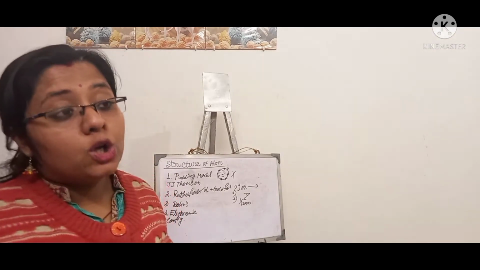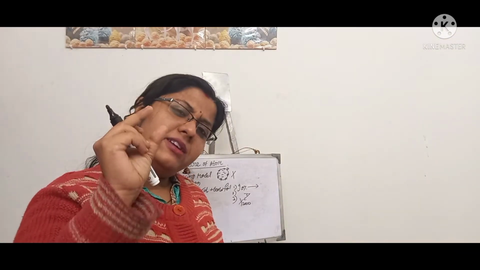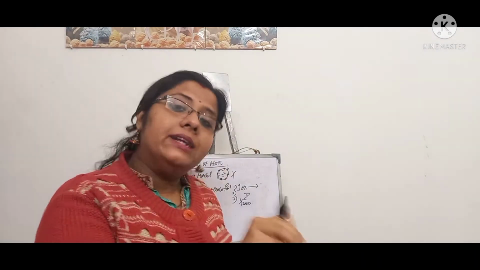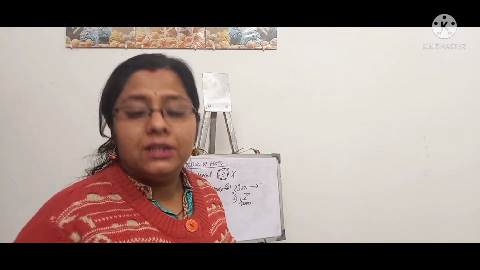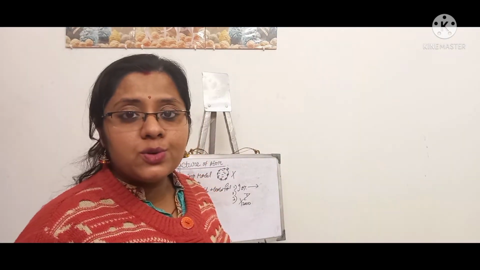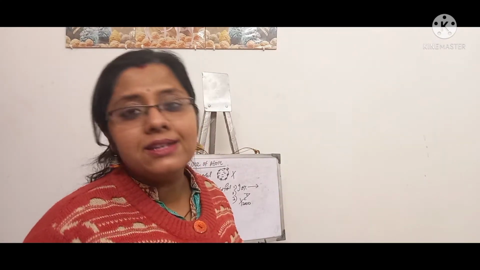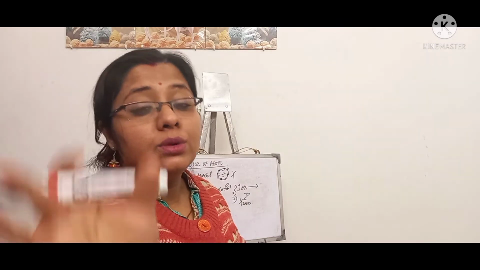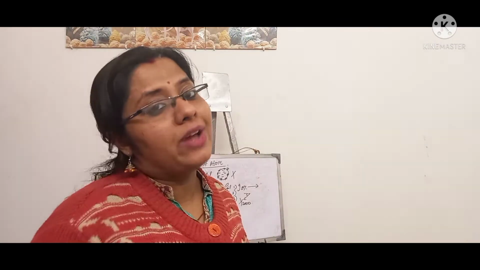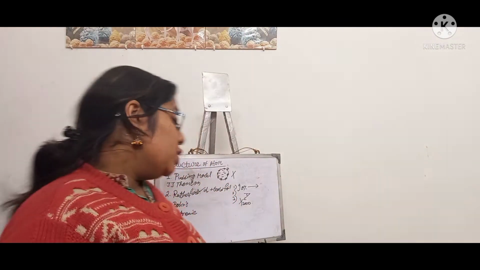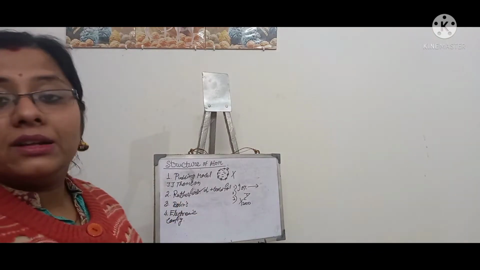Why? Because protons are occupying a very small place inside the atom. And the third conclusion was that the size of the nucleus is very small compared to the whole size of the atom. Okay, so this was the model of Rutherford.